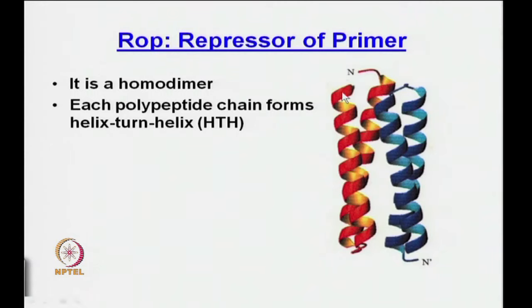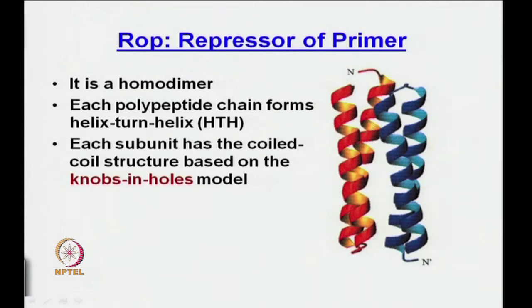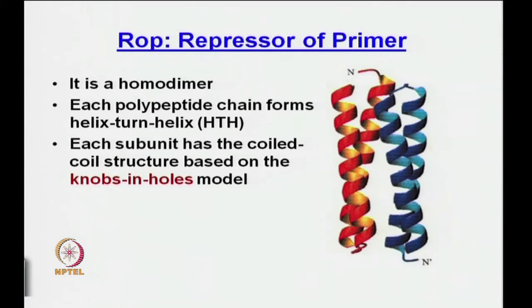A helix turn helix is very simple, there is a helix, then you have a turn and it goes to the next helix. Okay. Now, each subunit has a coil structure based on the knobs and holes model, right. That is how the helices are coiled, remember that. And the two subunits now are packed against each other using the ridges and grooves model. So, if you go back one point, these two helices, right, these are the two monomers, they then come together and form the homodimer.